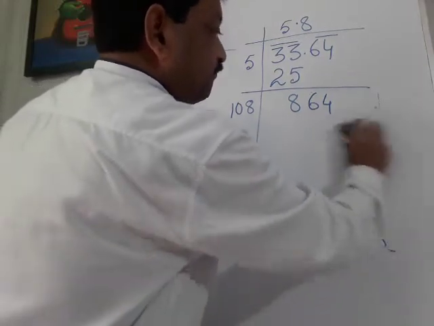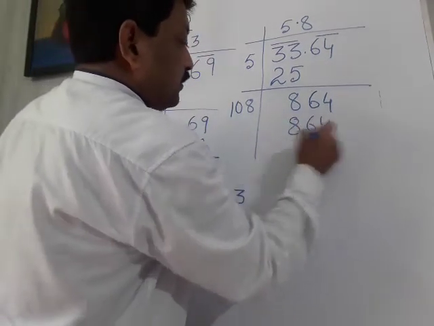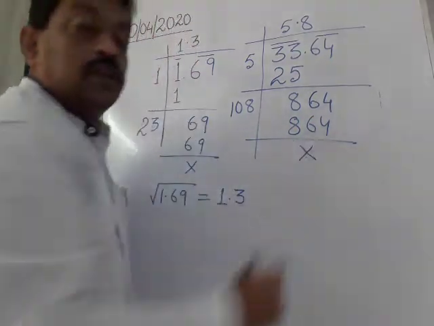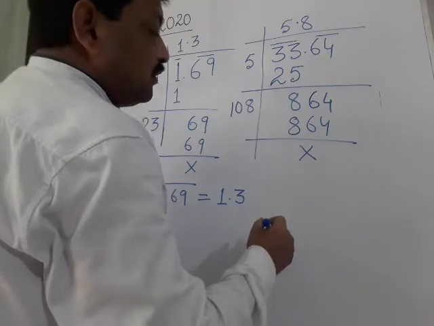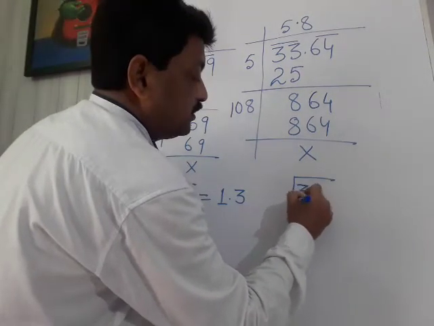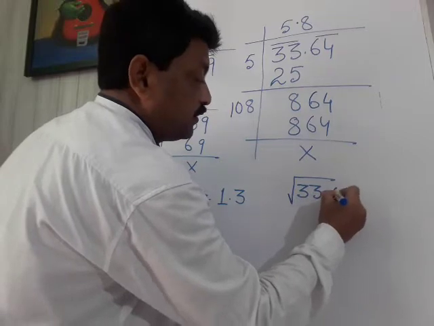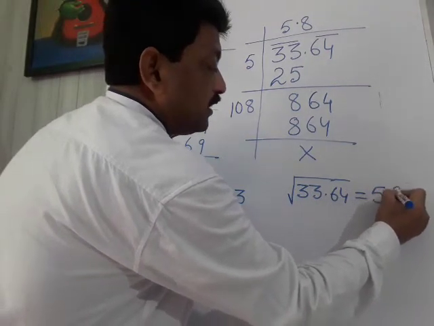And the product is 864. Therefore the remainder is 0. So we can write the square root of 33.64 equals 5.8.